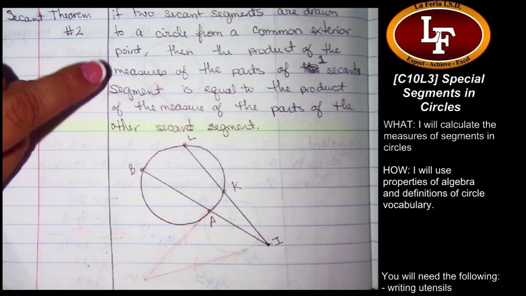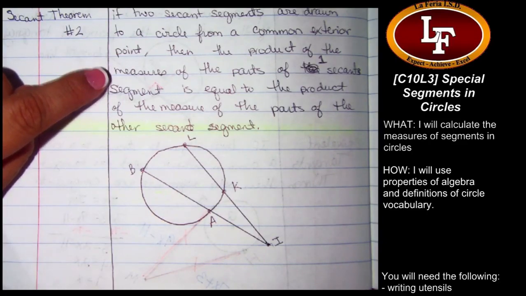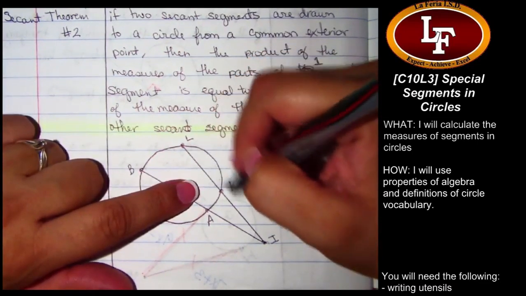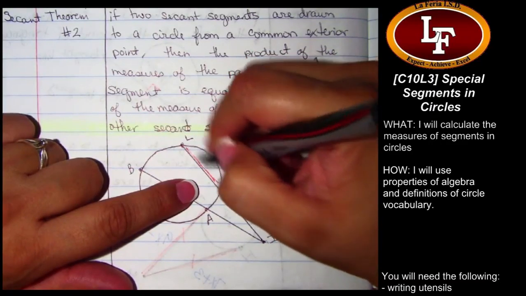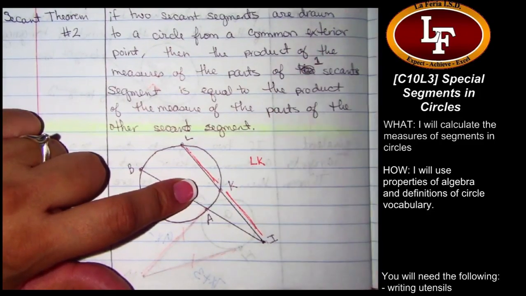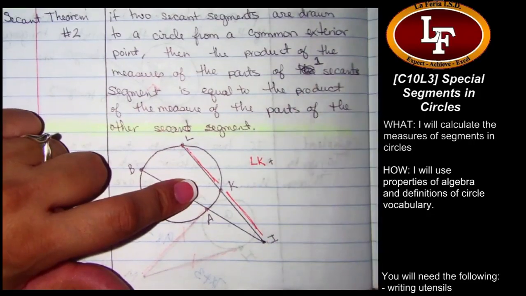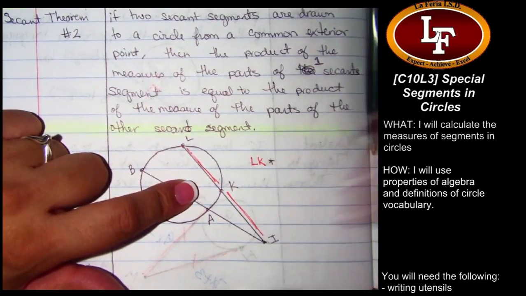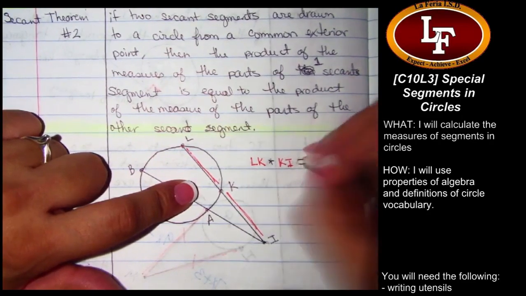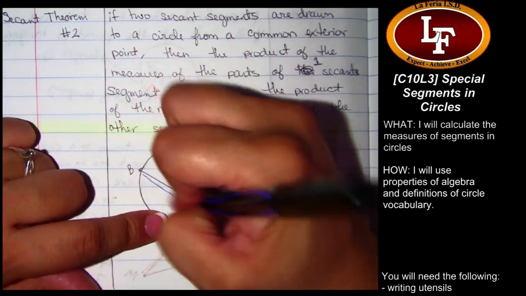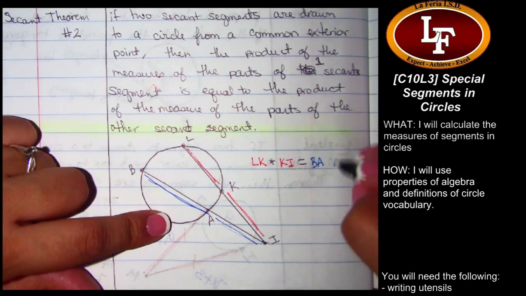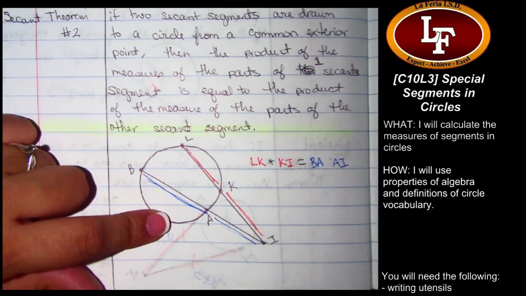All right, so here's what the conclusion of this theorem says. The product of the measures of the parts of one secant segment, the product meaning multiplication. So if I look at this secant segment, this would be one part, this would be the other part. And so the measurements of that first part times, that's supposed to be a multiplication, the measurements of the other part of that secant equals, we look at the other second segment, and we multiply the measures of those segments.